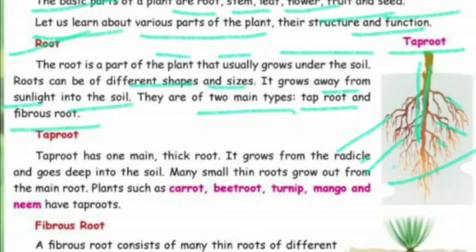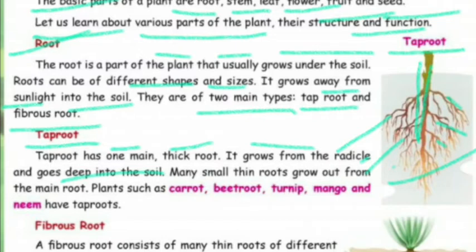Tap root is the main root which grows deep into the ground, into the soil, and stores food. Tap root has one main thick root. It grows from the radicle and goes deep into the soil.